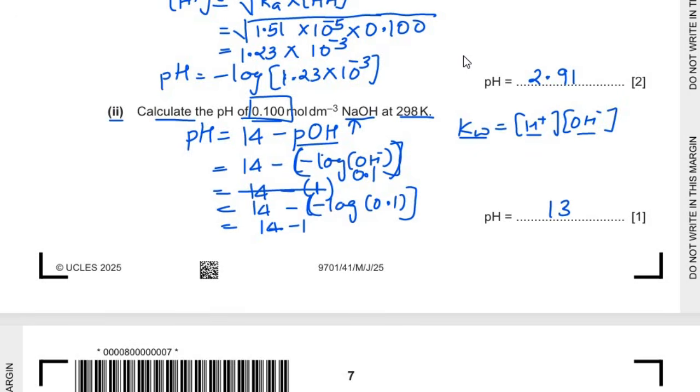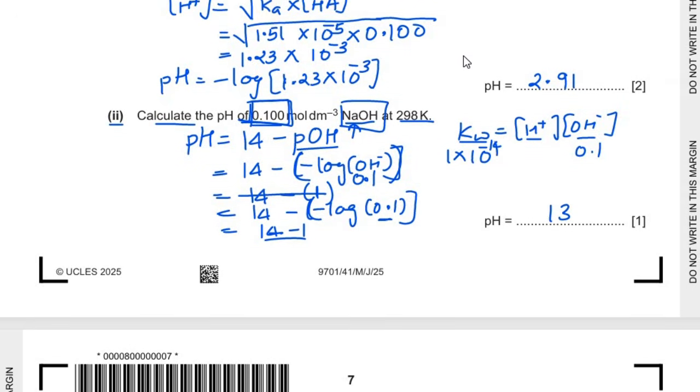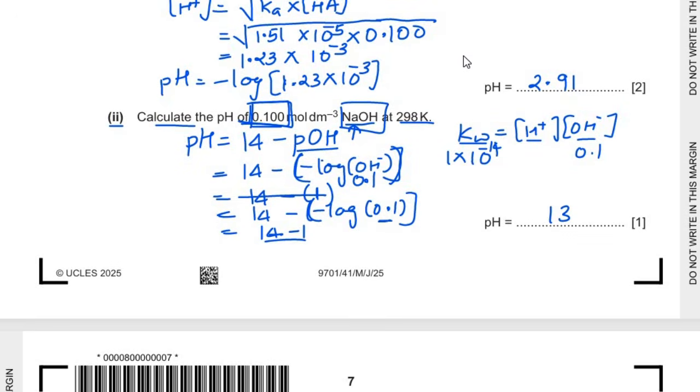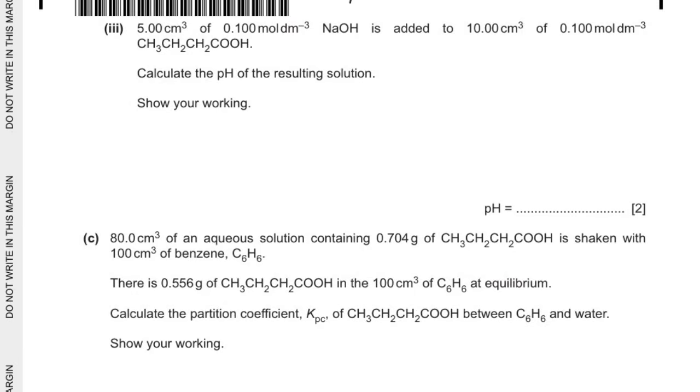Minus log of hydroxide ion concentration, which is 0.1 given here. 0.100 concentration of NaOH, which we substitute here, so we get 14 minus 1, that is 13. Or we can substitute the concentration of hydroxide ion in the expression Kw, 1 into 10 power minus 14, with 0.1 for hydroxide, so we can find out the concentration of H plus and then substitute it in the pH expression. That also can be done.